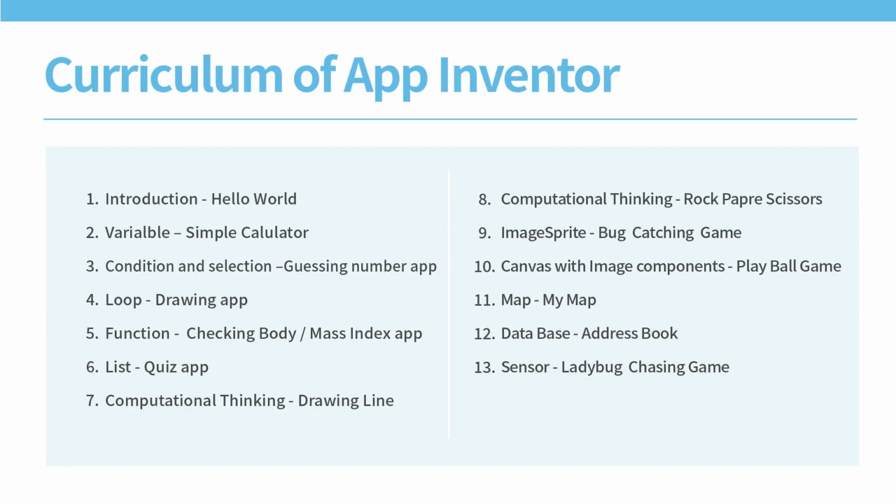In the fourth class, we will learn about the loop statement, which is very important for programming. And you will understand the loop structure to configure the program, and then we're going to create a shape drawing app using the loop statement.